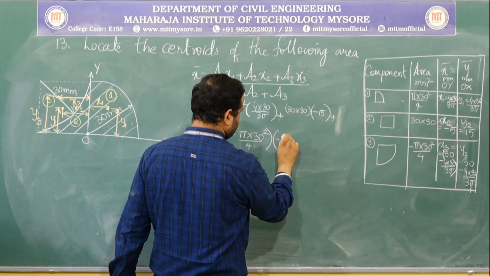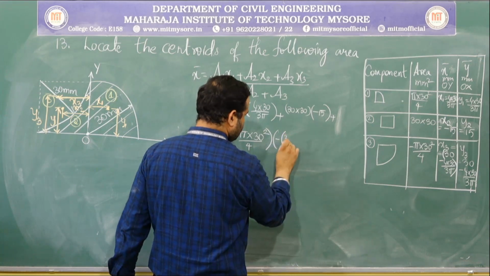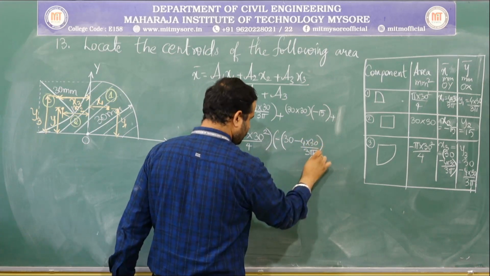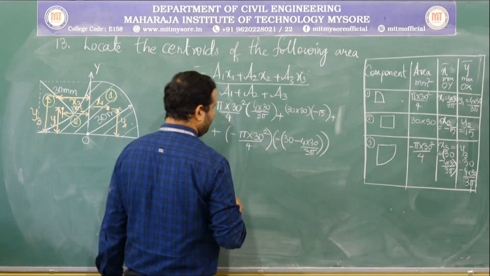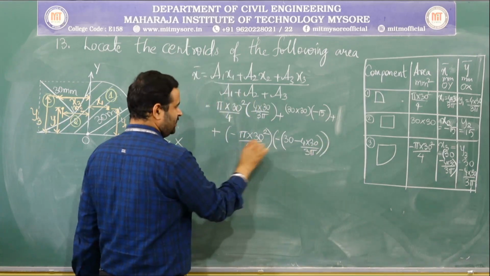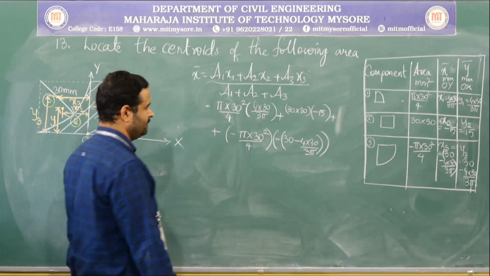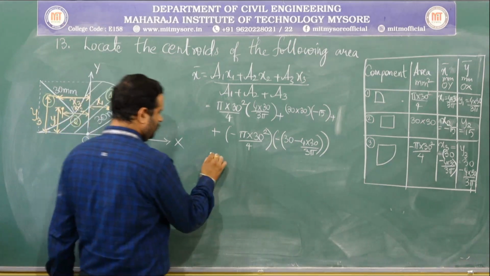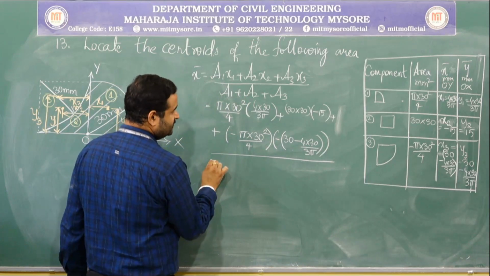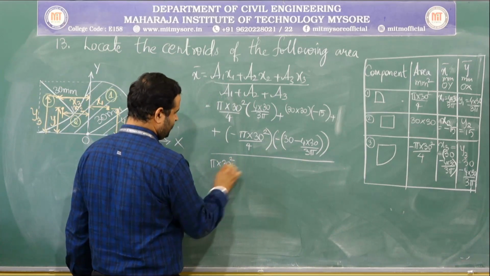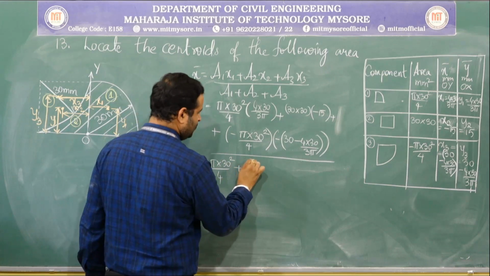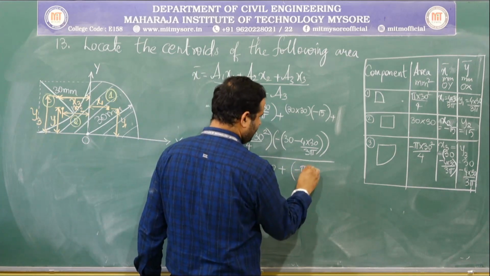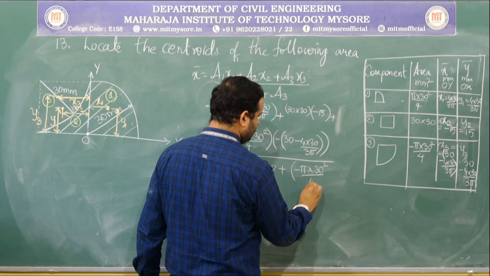Sorry, x3 is nothing but minus of 30 minus 4 into 30 by 3 pi, bracket close, whole divided by a1 is pi into 30 square by 4 plus 30 into 30 plus minus of pi into 30 square by 4.